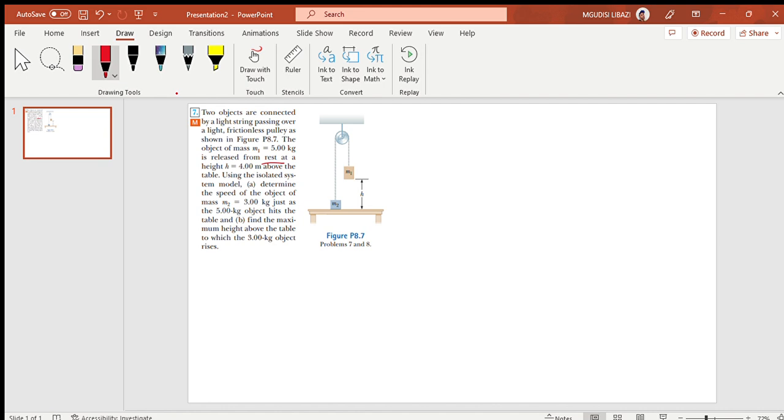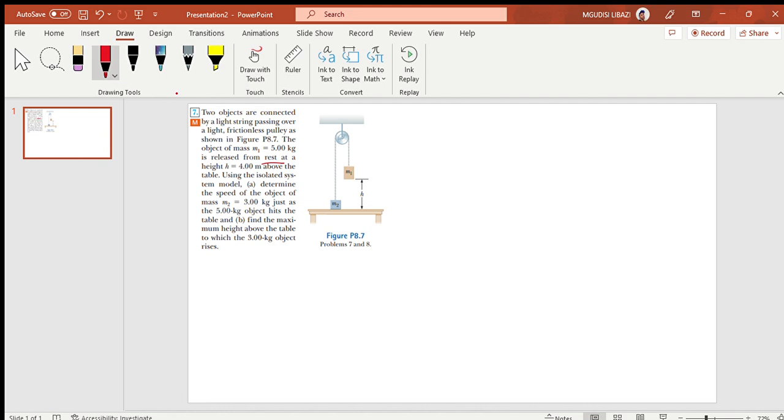Using the isolated system model, determine the speed of the object of mass m2, which is 3 kg, just as the 5 kg object hits the table. Find the maximum height above the table to which the 3 kilogram object rises.